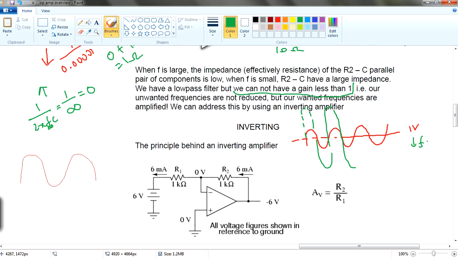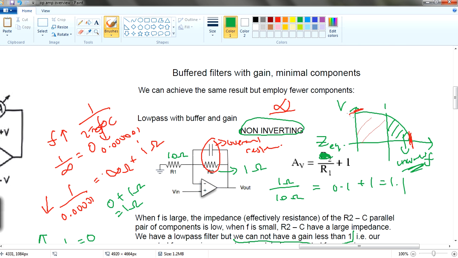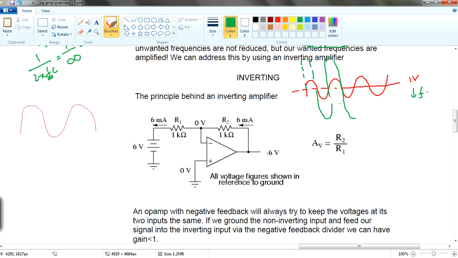You can actually amplify your signal over here, which is what this low pass filter is doing. If your frequency is high in this case, you still have a signal over here.